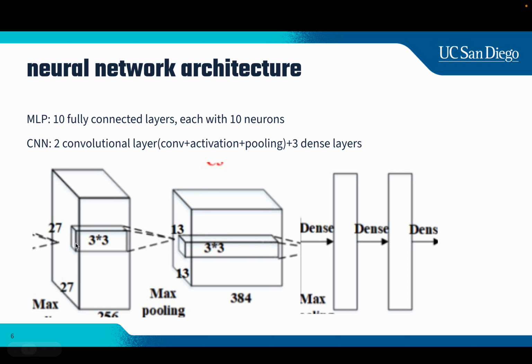We also use a 3 by 3 kernel size to extract features. And these are the 3 dense layers, and finally we have logits to be classified. So this allows us to investigate whether convolutional layers induce different topological effects than fully connected layers.